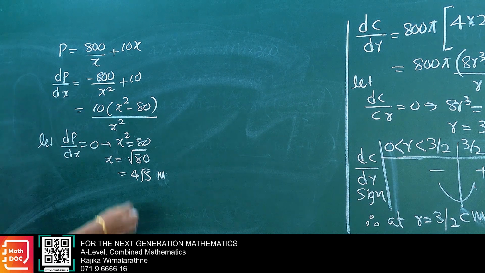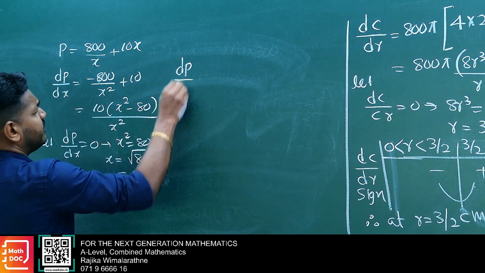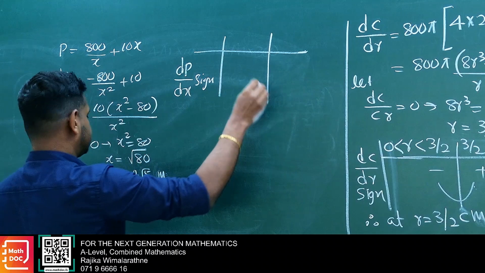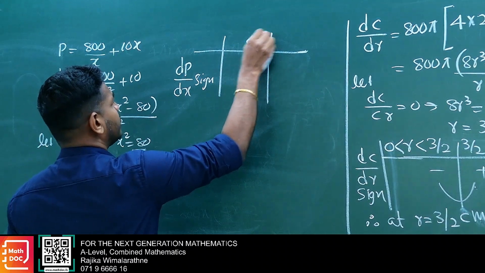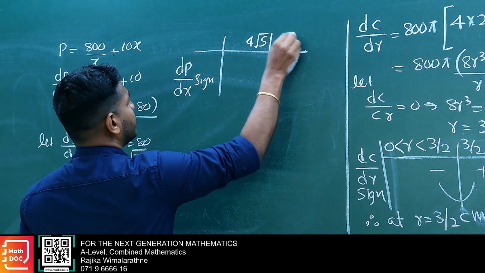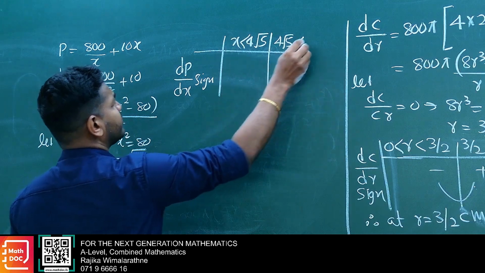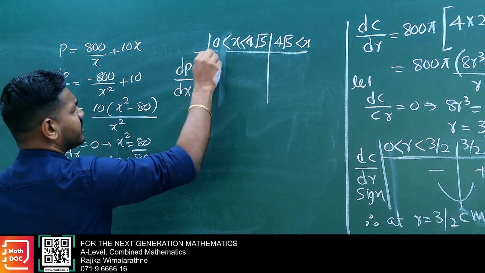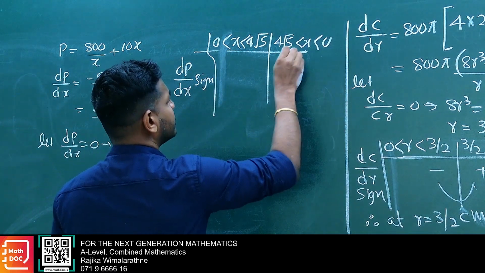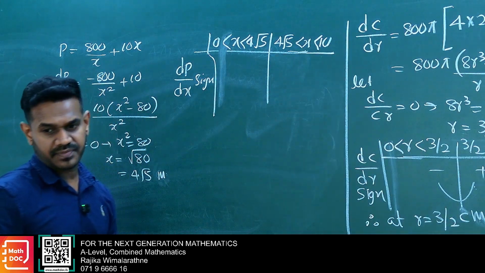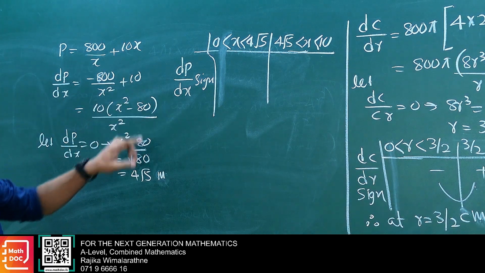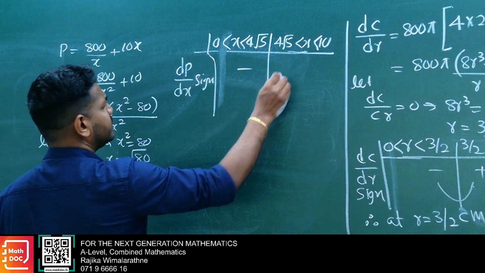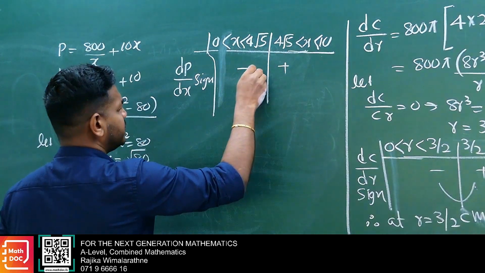Now you check the sign of dP over dx about that x value, 4 root 5. That is not less than 0 and not greater than 10, so it is within the region. Then for x squared less than 80 it is negative, greater than 80 positive: minimum.